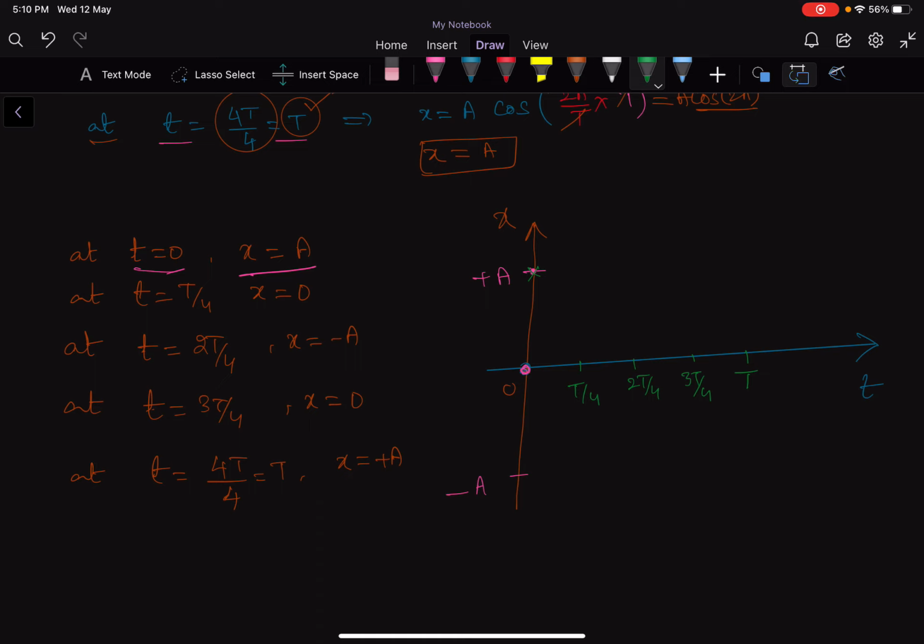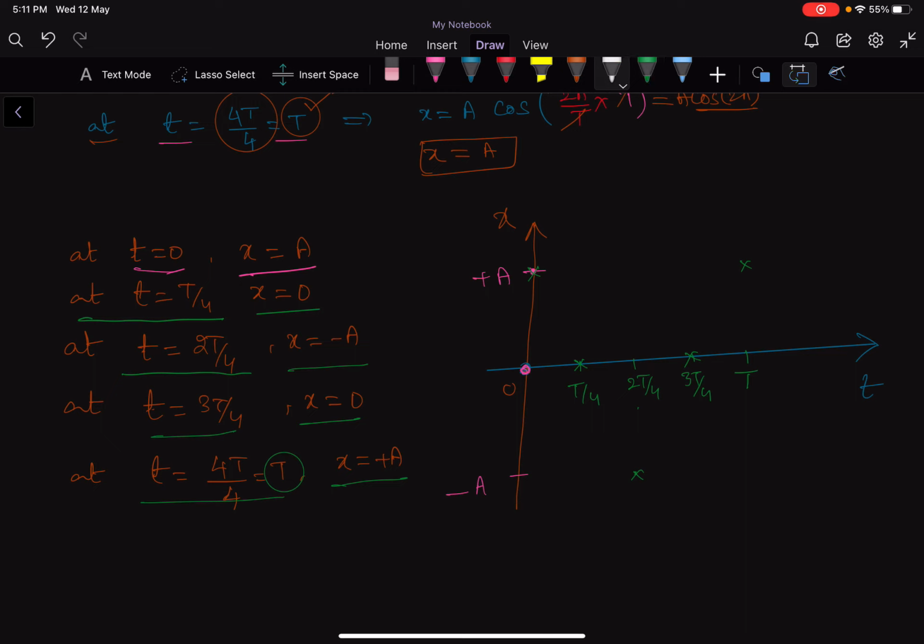Okay. Next, at t equal to T by 4 seconds, x equal to 0. Right. Next, at t equal to 2T by 4, x equal to minus A. Okay. At t equal to 3T by 4, x equal to 0 again. And at t equal to time period T, x equal to plus A. Like this.